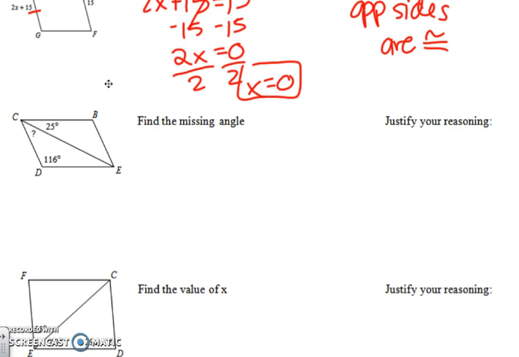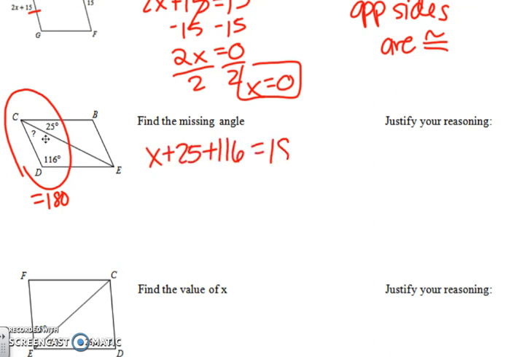Alright, a little bit of a trickier angle problem, okay? So find the missing angle. Notice they split this one up together. But I still know that all of C and all of D added together equal 180 degrees, okay? So I'm going to say x plus 25 plus 116 is going to equal 180 degrees, okay?